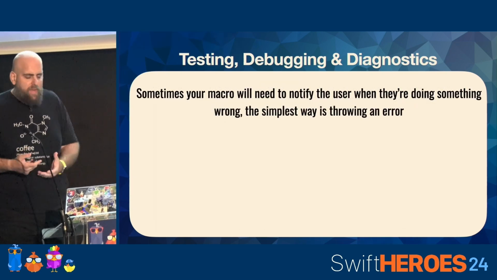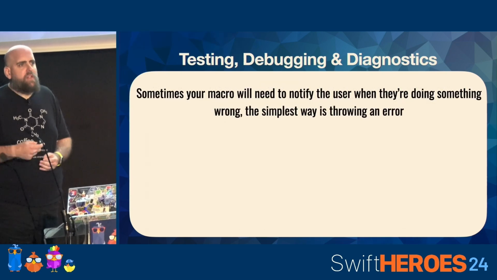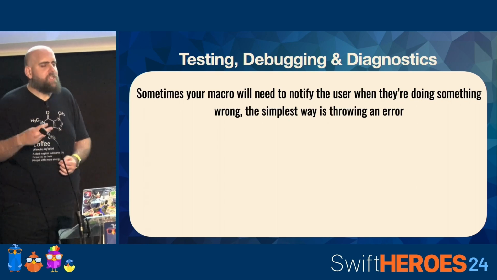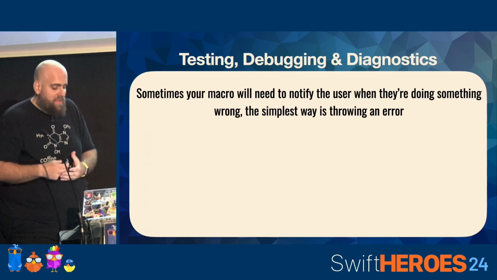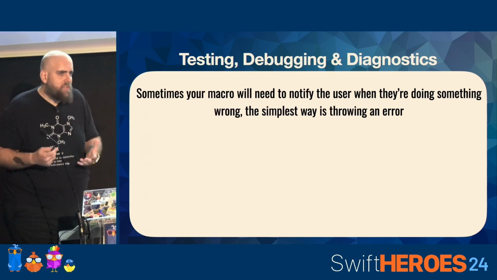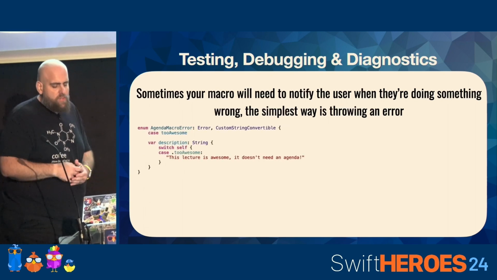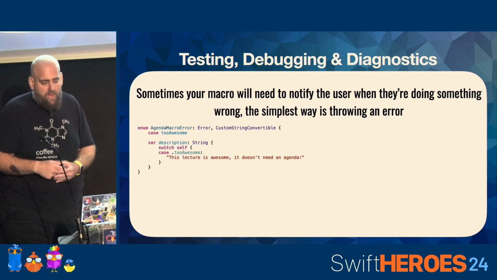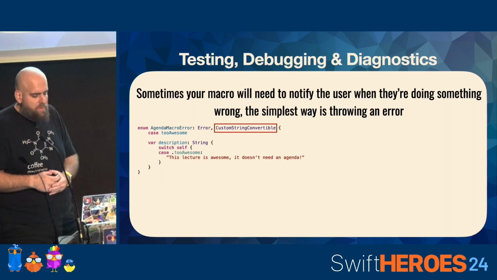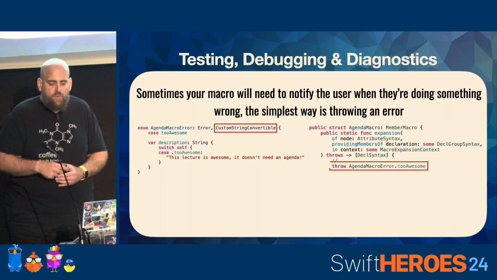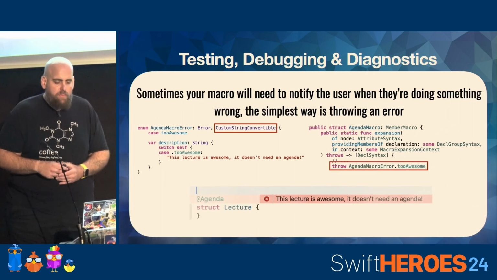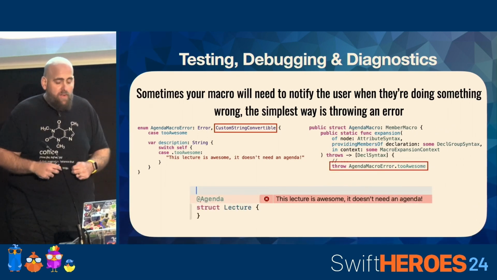When you are writing your own macros, though, you will often need to tell the user if they are doing something they're not supposed to do with the macro. And funnily, the simplest way to do it is actually just throwing a Swift error, which is really convenient. So I can have my own error type and conform it to CustomStringConvertible, give it a nice description, and then whenever I throw it from my implementation, it will be a real Swift compiler error, which is really useful.